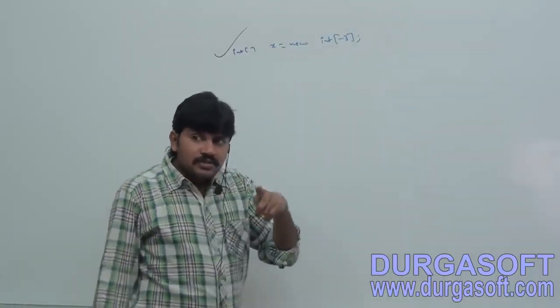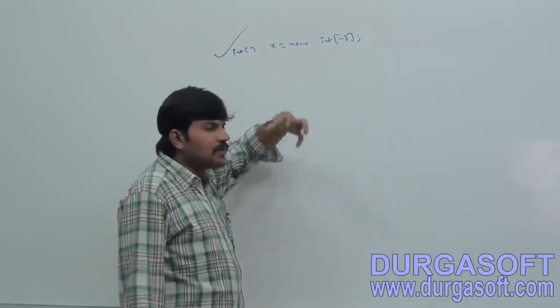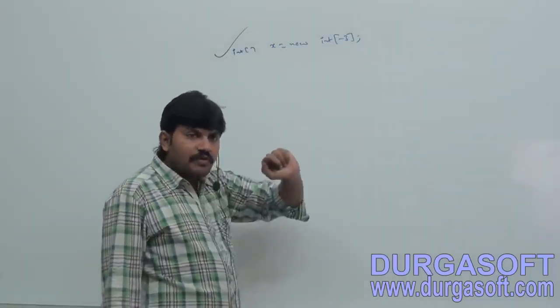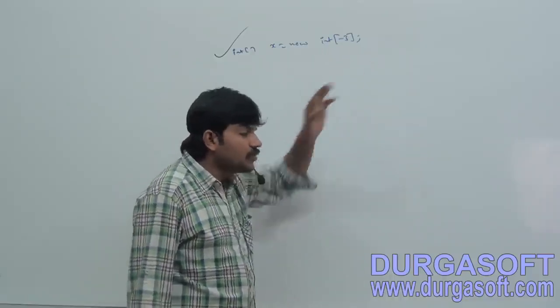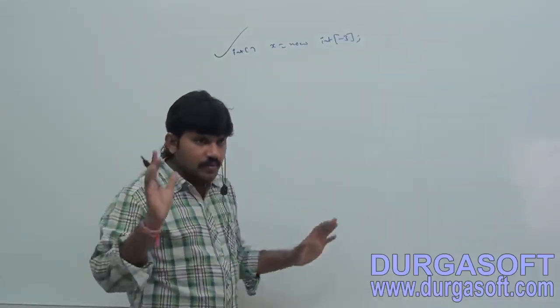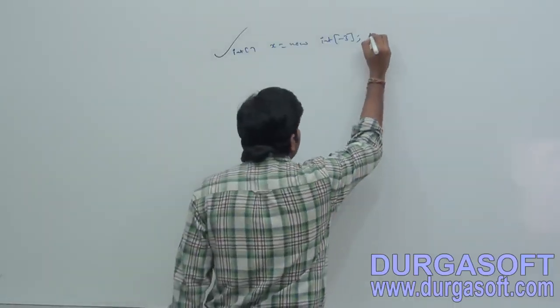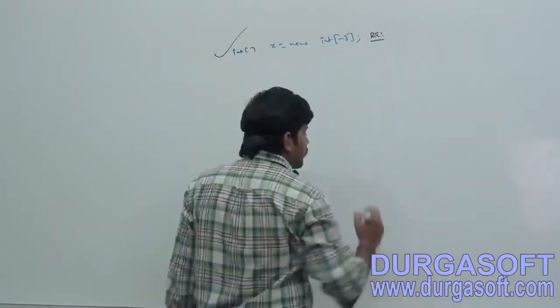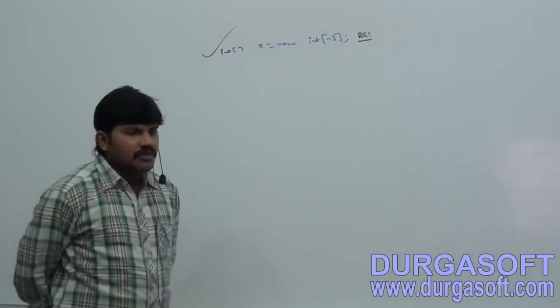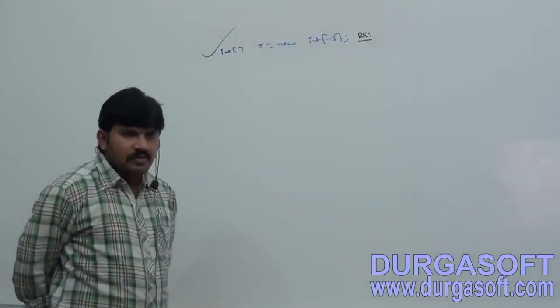At runtime, the JVM reserves memory based on this size. Whenever the JVM sees this negative size, immediately it will raise a runtime exception. No compile time error. So what is that runtime exception? The mistake we are making is specifying a negative array size.